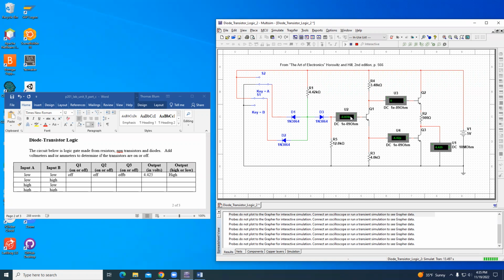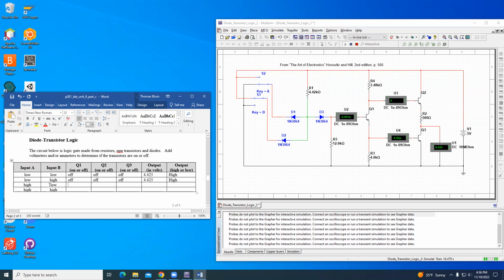This is still 0, so it's still sort of off, and 4.425, so not much has changed. So off, and 4.425, and that is high.